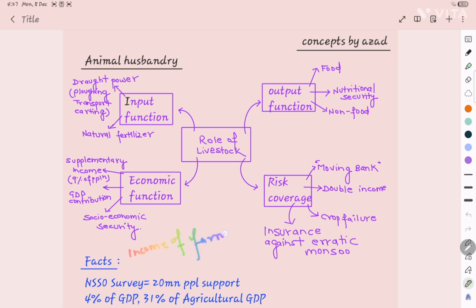So the first one is the crop, the second one is the animal or cattle, and the third thing is fisheries. For crops we have the green revolution. For animals and cattle we have the pink revolution.